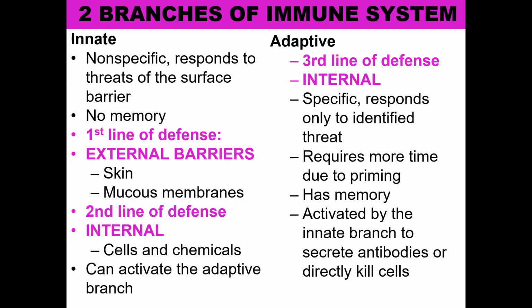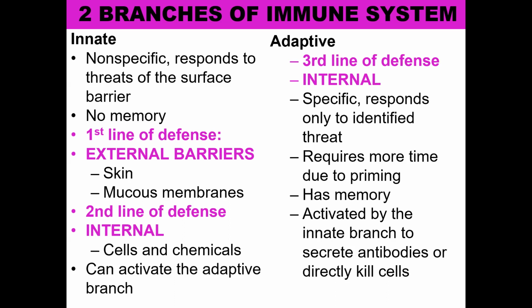So if you remember, the immune system has two branches based on the way that they respond. We have the innate branch, which we call non-specific, which means that it responds the exact same way no matter what invader or pathogen it encounters.